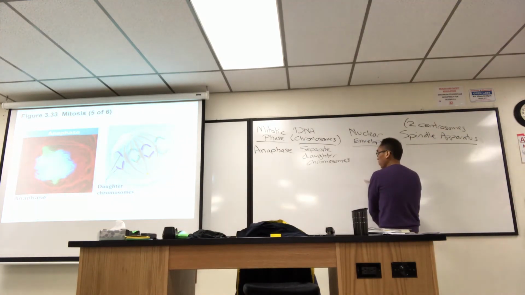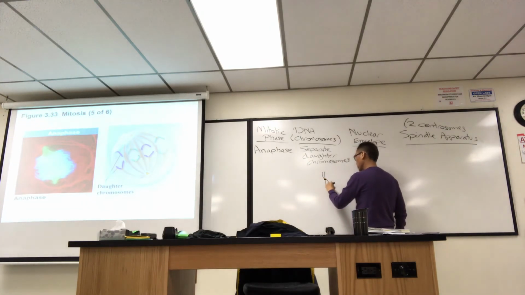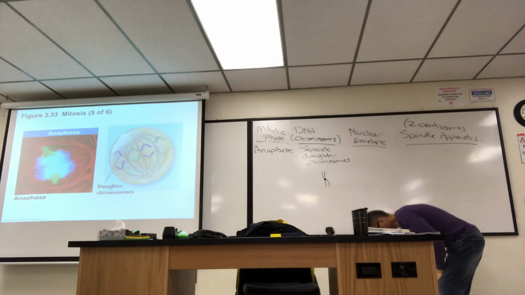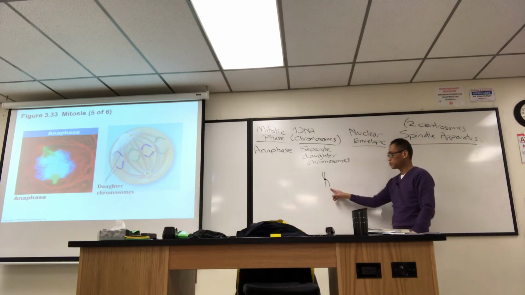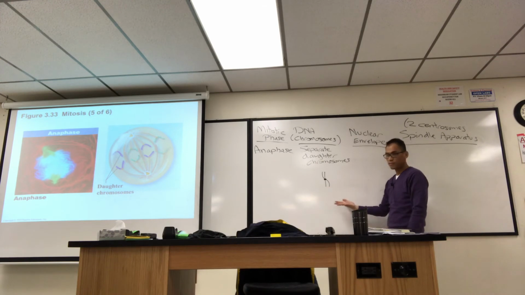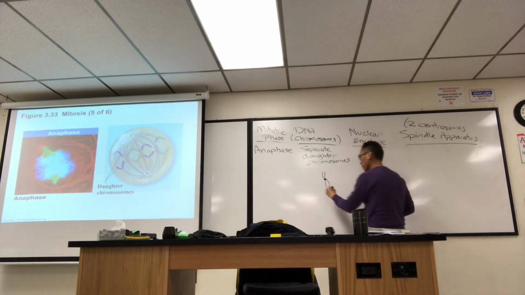Now this is when they separate, but when they're together, just to avoid confusion, technically your book may call them different things. When they're attached, they call these two replicated things sister chromatids to each other.